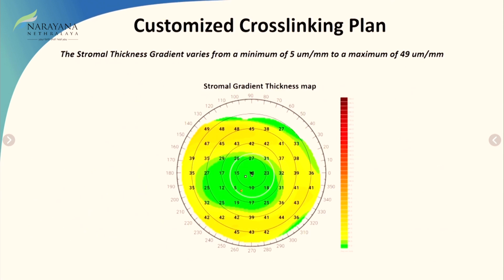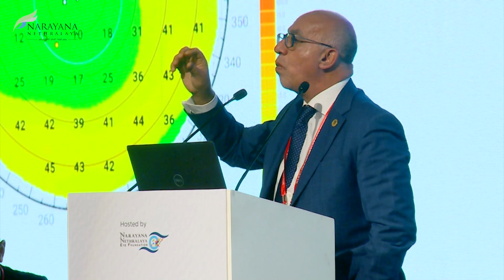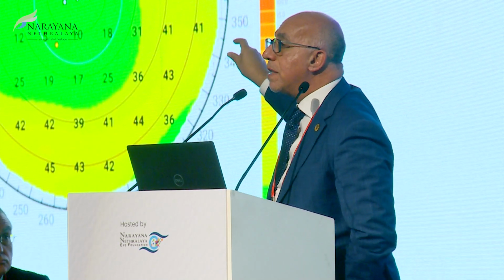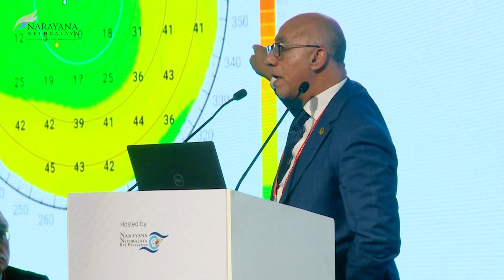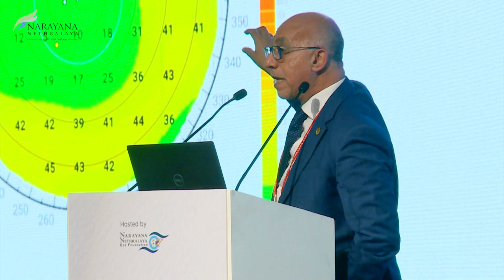This will be followed by cross-linking. And again, we have online cross-linking incorporated into the same excimer laser machine. This cross-linking will be totally customized according to the thinning gradient in the stroma. This is the thinning gradient of the stroma. And you see clearly that there is a central part of the stroma which is ectatic and thin.